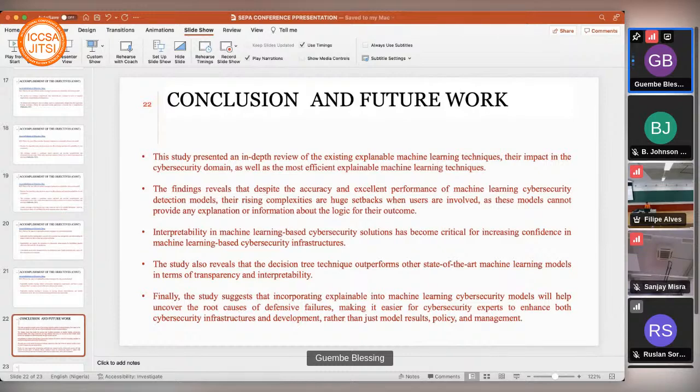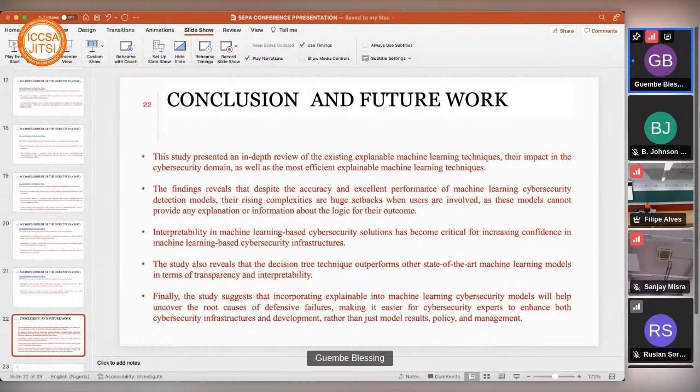The findings reveal that despite the accuracy and excellent performance of machine learning models in the cybersecurity domain, their rising complexity is a huge setback when users are involved, as these models cannot provide an explanation or information about the logic for their outcome. Explainable machine learning will ensure ethical AI and trustworthiness, and also provide the logic behind the decisions of the model, unlike black box machine learning techniques.